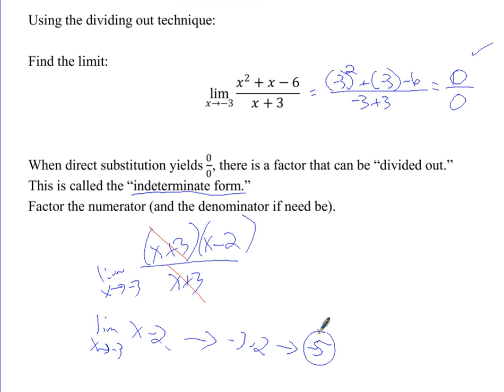The dividing out technique is so called because we have something that is dividing out, leaving us with no longer this division by 0 here because of the limit. And now that there is no division by 0, we can evaluate the limit. So to finish what we need to do here on this problem, we need to graph this function right here.